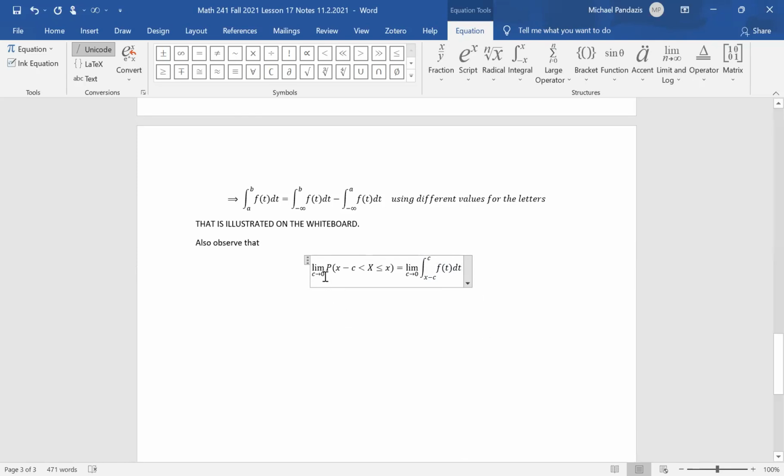So if you take the limit as c approaches 0 of this probability, the thing you're subtracting is going to 0. So that means that's really the probability of X equals x.